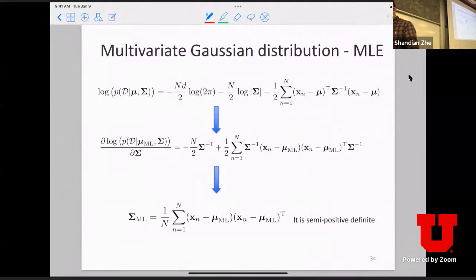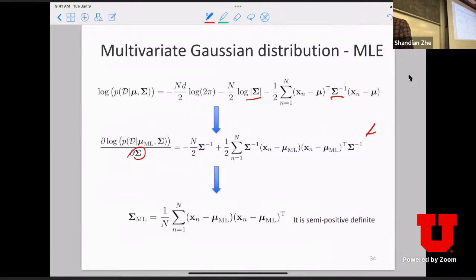And similarly, to get the MLE estimate of the covariance matrix sigma, you just take the gradient of the log likelihood with respect to sigma. Now you can see why you need to know some basic rules to compute the derivative with respect to the log determinant, and with respect to the inverse of the covariance matrix. They're all very useful. And I do believe after homework 0, these are pretty straightforward for everyone. So I'll just list the result.